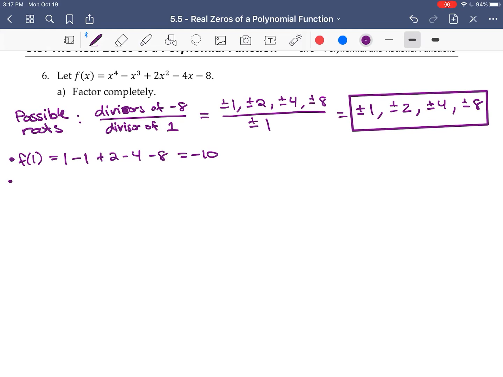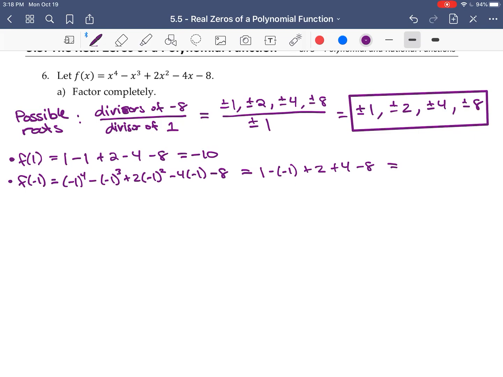So we try something else. Maybe we try -1. That's -1 to the 4 minus -1 cubed plus 2 times -1 squared minus 4 times -1 minus 8. -1 to the 4 is +1, -1 cubed is -1, so minus that is plus 1, and -1 squared is 1, so this is +2. -4 times -1 is +4, minus 8.